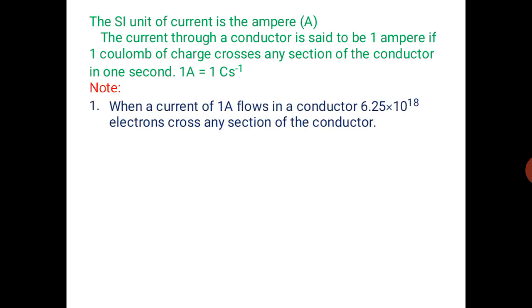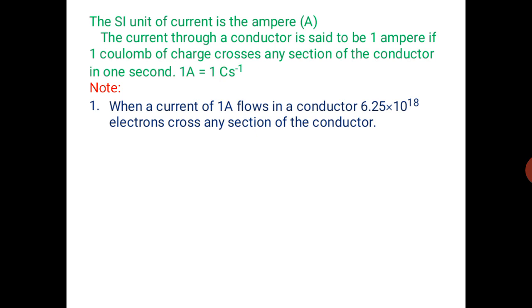Note, when a current of 1 ampere flows in a conductor, 6.25 into 10 to the power 18 electrons cross any section of the conductor, because in 1 coulomb, 6.25 into 10 raised to 18 electrons are present.